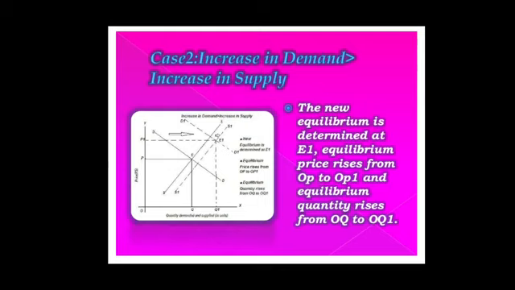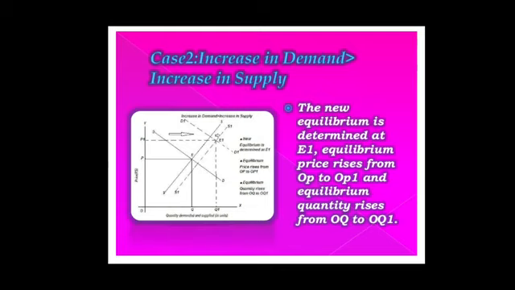Now due to increase in demand, the curve shifts rightwards from DD to D1, and due to increase in supply, the curve also shifts rightwards from SS to S1.